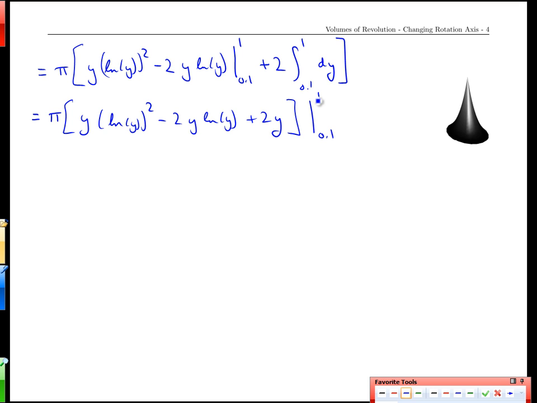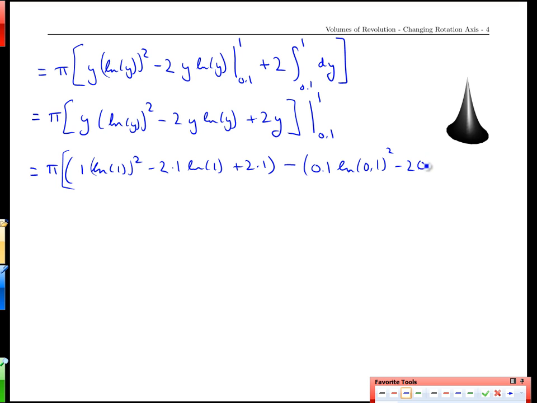Okay. Last step, plug in the limits of integration and see what we get. So pi times 1 ln of 1 squared minus 2 times 1 ln of 1 plus 2 times 1. That minus 0.1. It doesn't cancel out quite that easily. Not this time anyway. Minus 2 times 0.1 times ln of 0.1 plus 2 times 0.1.